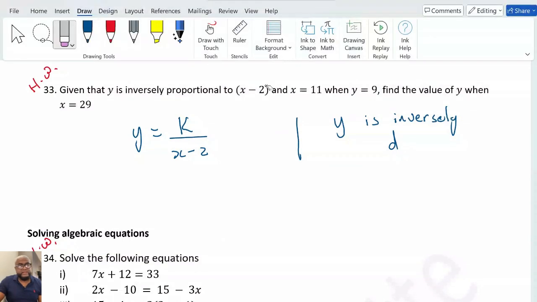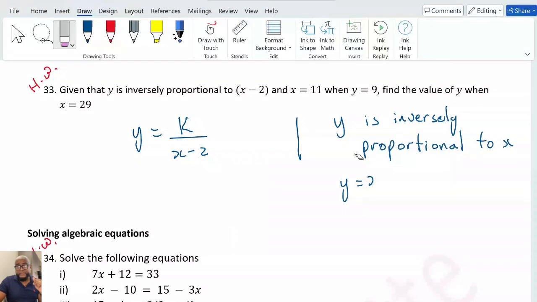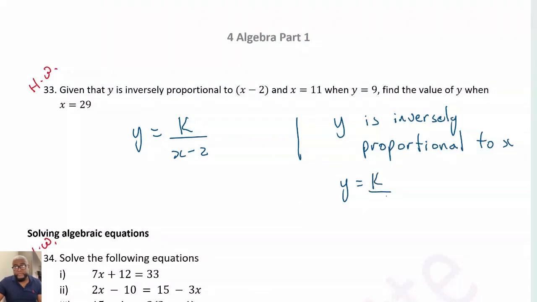So it's inversely proportional to X. If I said that, from last week, we investigated that this would be Y is equal to K over X. This is what we did last week. In this case, they did not say X, they said X minus 2. You all see that? So instead of putting X alone, you put X minus 2.